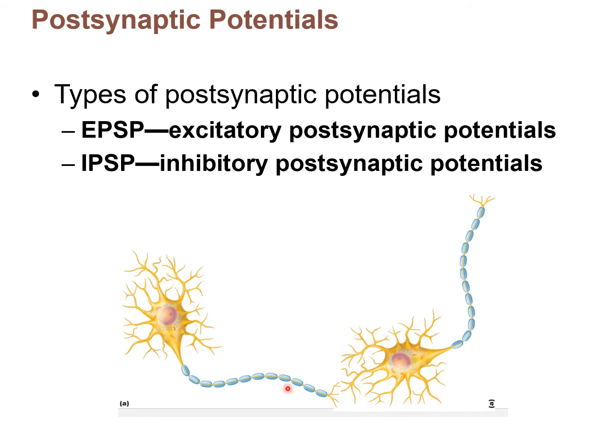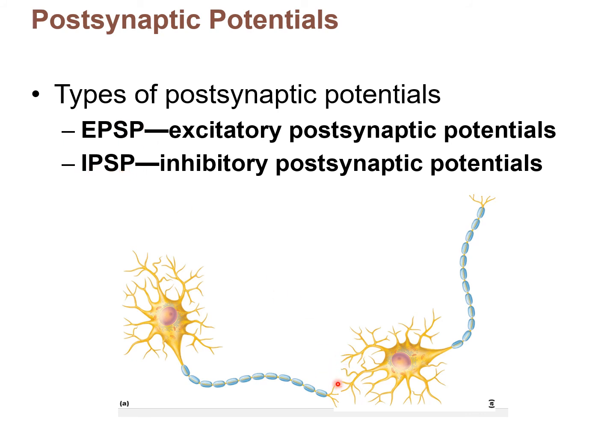Neurotransmitter is released by the presynaptic neuron and binds to the postsynaptic neuron. And we said this graded potential weakens with distance, and a graded potential could be excitatory or inhibitory. So here's our big term for excitatory and inhibitory: EPSP and IPSP.